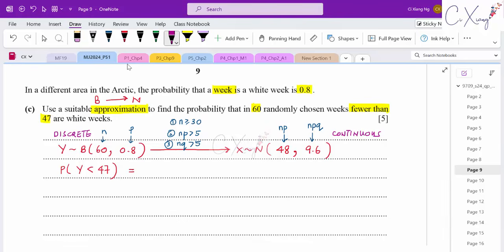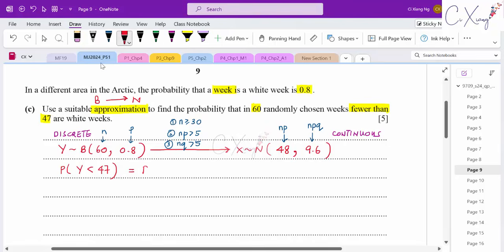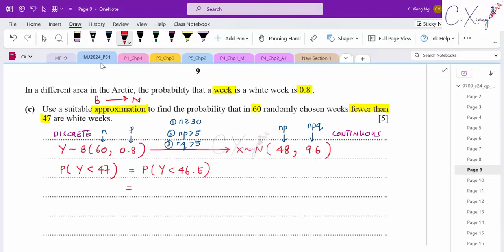Therefore, continuity correction is needed. To apply continuity correction, in this case, y is smaller than 46.5. I have to minus 0.5. In some other cases, you might need to add 0.5. For those who want to know the details of how to decide whether it is minus 0.5 or plus 0.5, please search for the lecture videos in the channel.